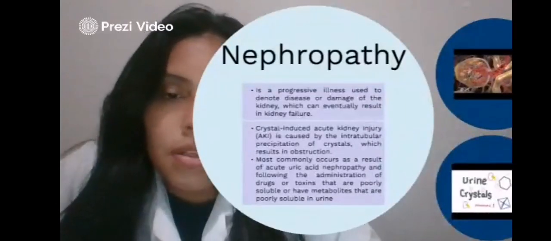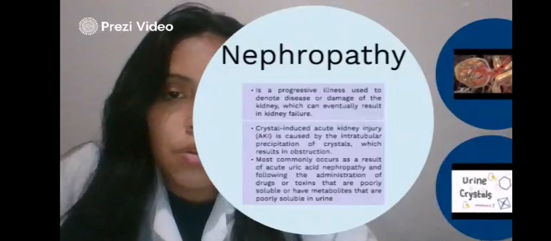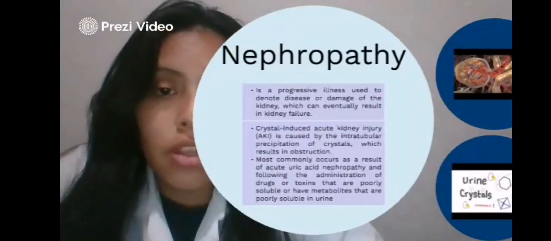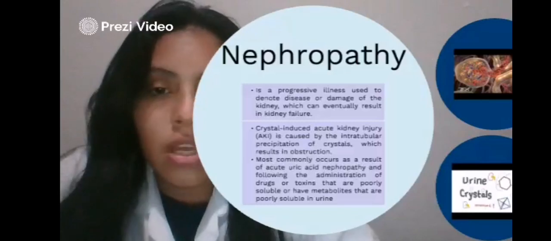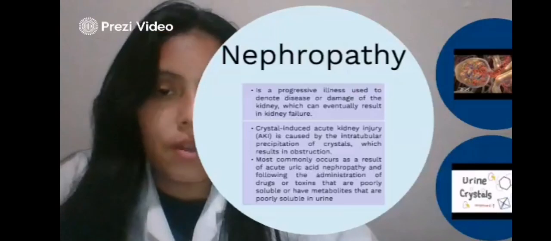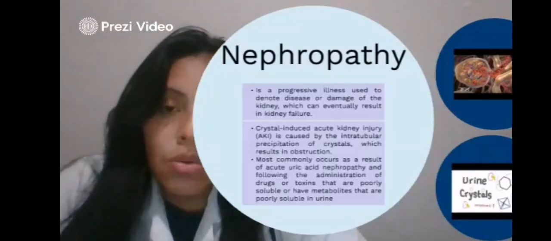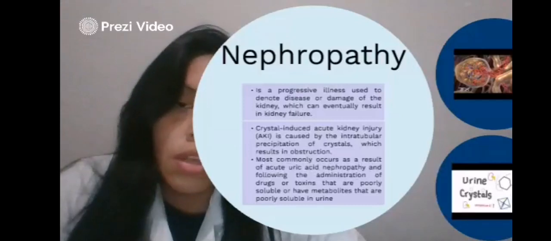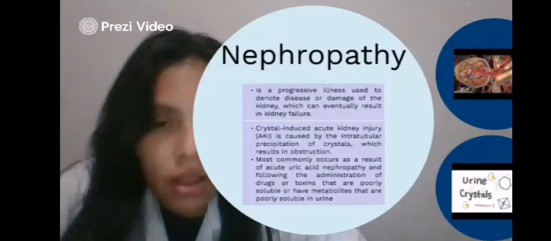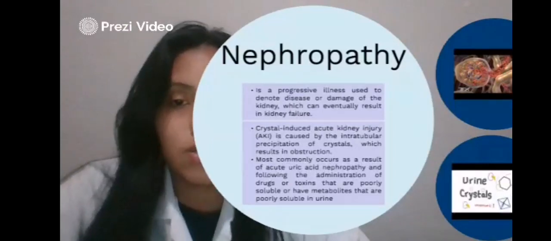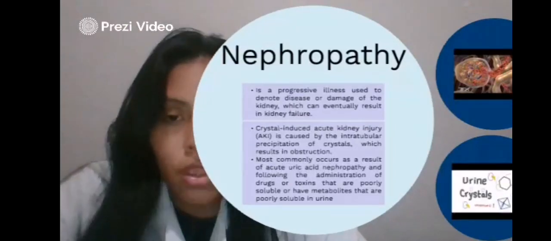The definition is a progressive illness or damage of the kidney, which can eventually result in kidney failure. Crystalline-induced acute kidney injury is caused by the intratubular precipitation of crystals, which results in obstruction.